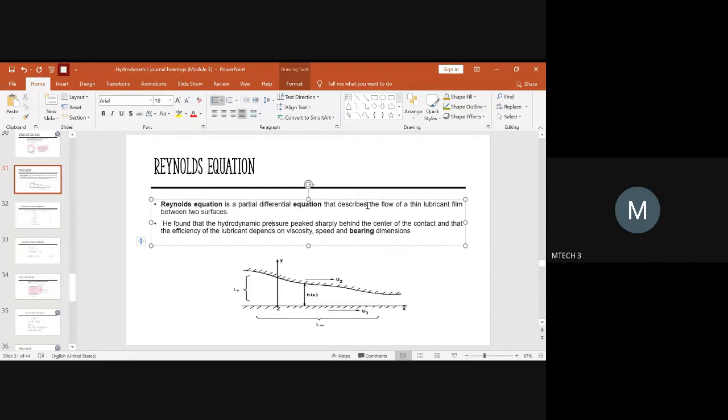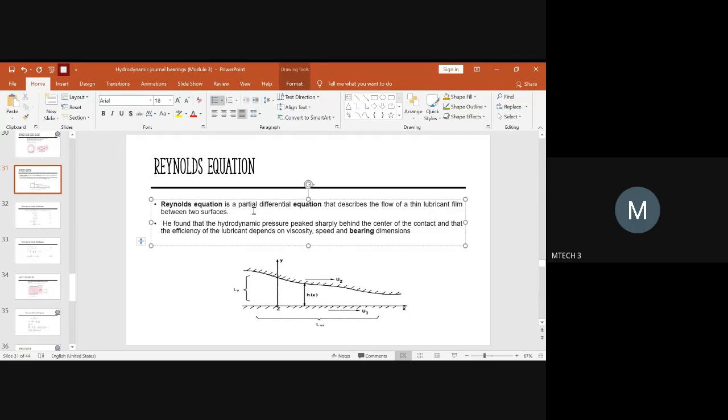So we specify here that this equation describes the flow of the thin lubricant film between the two surfaces, one being our journal and the other the bearing surface. So in between these two surfaces, how the lubricant flows will be analyzed and described by the Reynolds equation. It is obtained by partial differentiation, and hence it is called a partial differential equation.